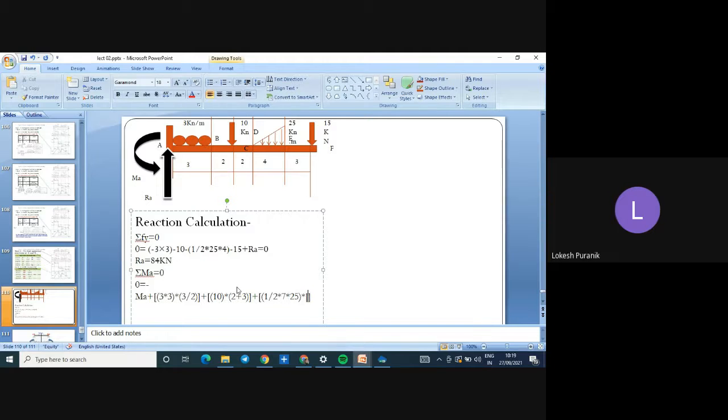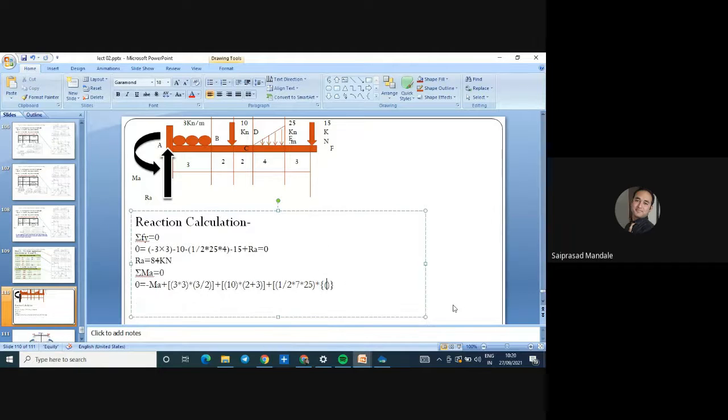Into 10, 11 into 15. Hold a second. Into what is the intensity of... in case of UVL, where the centroid is located, where the CG is located. Are you getting my question? In case of UVL, what is the location of the centroid?